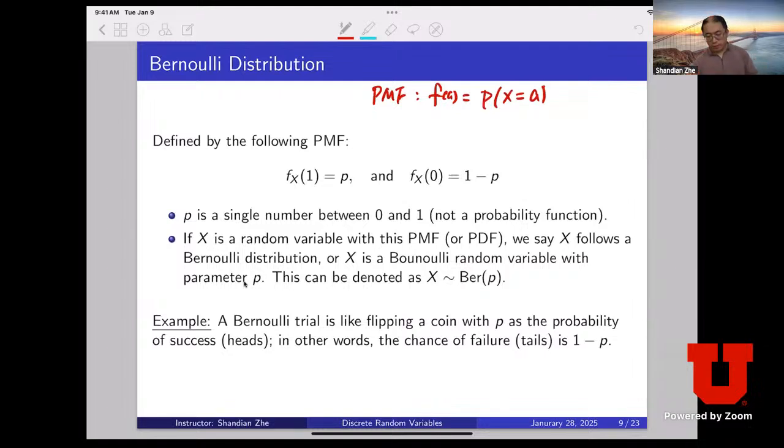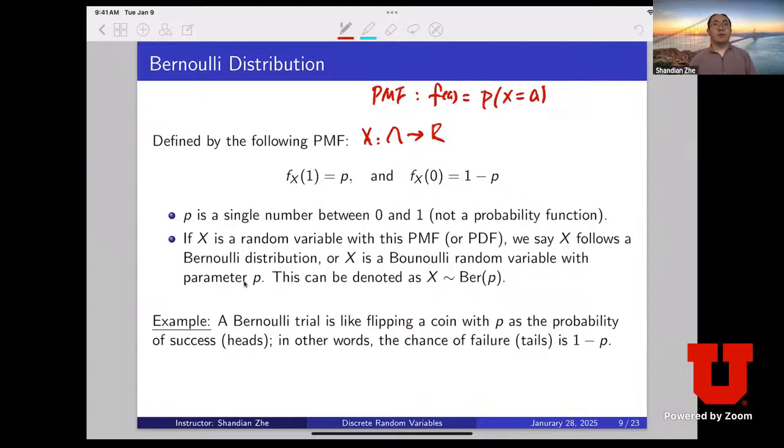The random variable is a function that maps the elements from the sample space to real numbers in a real space. You can imagine you have a sample space which contains all possible outcomes of some random phenomenon or random experiment you're interested in.